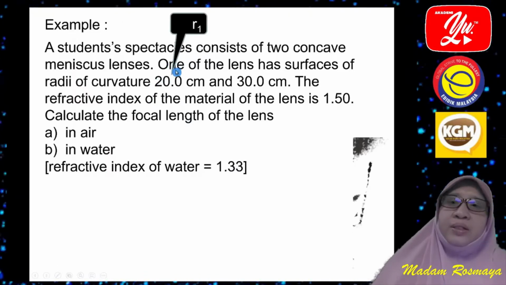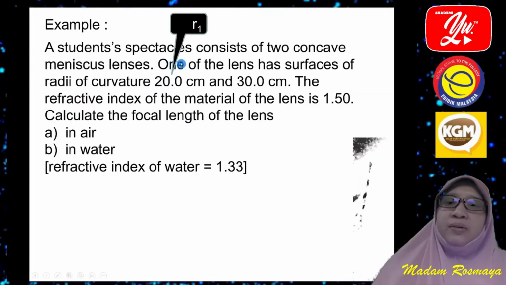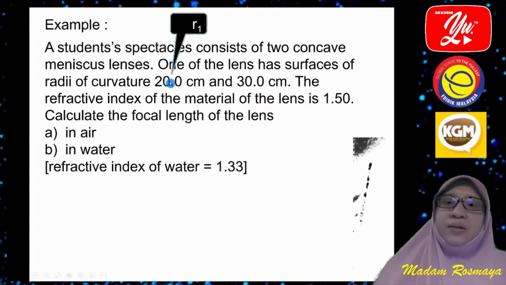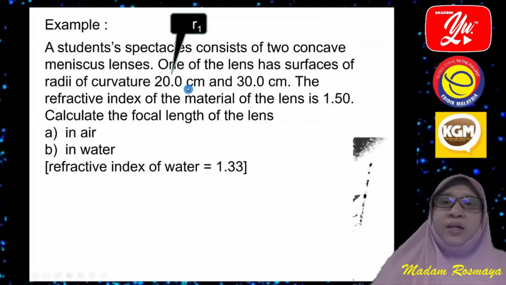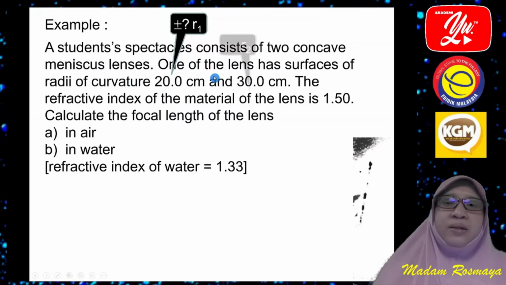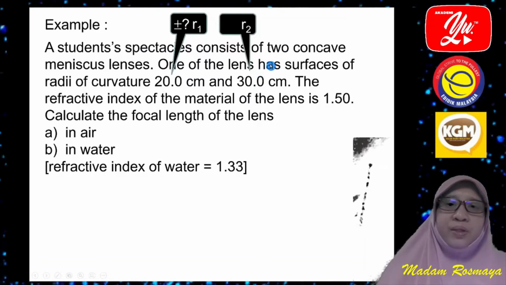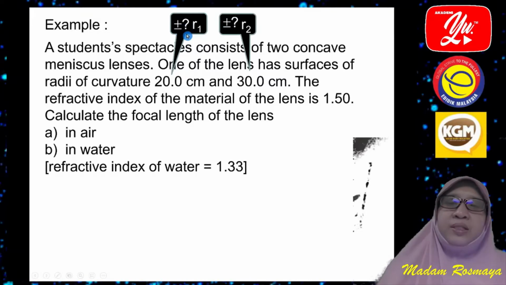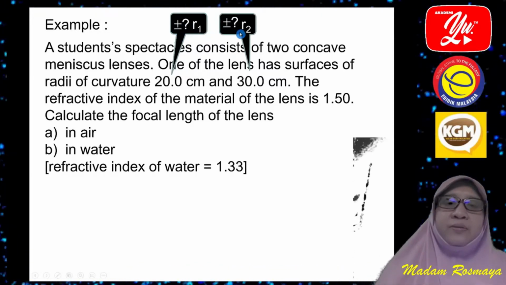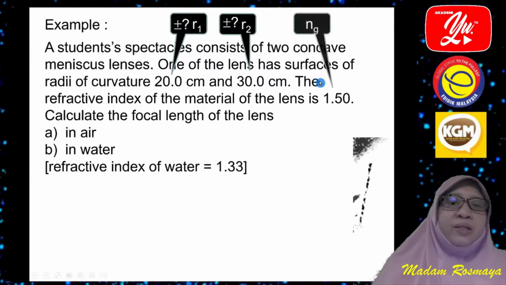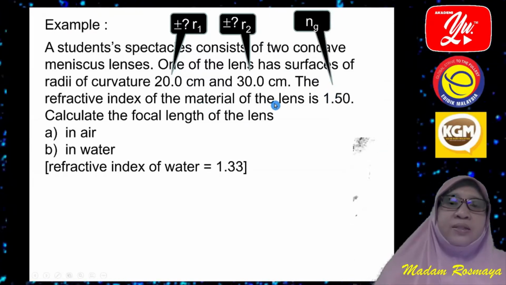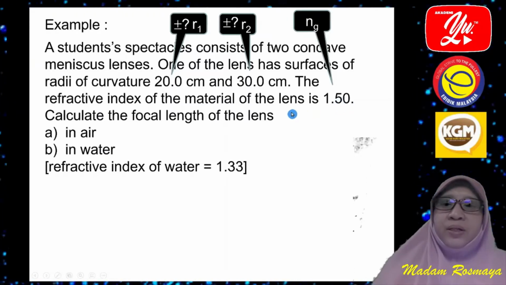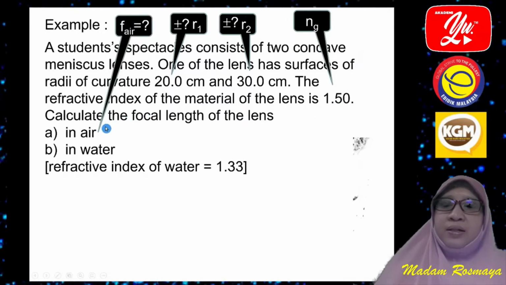In the question you are given the radius of one side of the concave lens, with radius of curvature 20 centimeters, R1, and another one, R2. We are going to determine the sign for this radius of curvature, whether positive or negative. Another given is the refractive index of the material of the lens, which is 1.50, and the focal length in air.